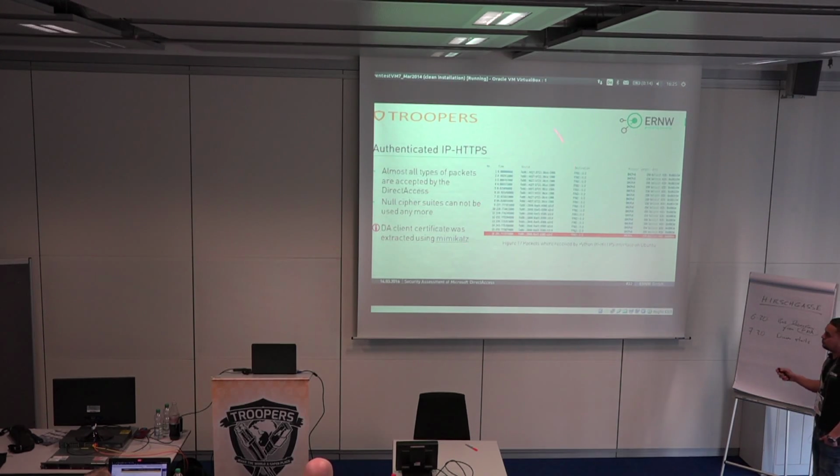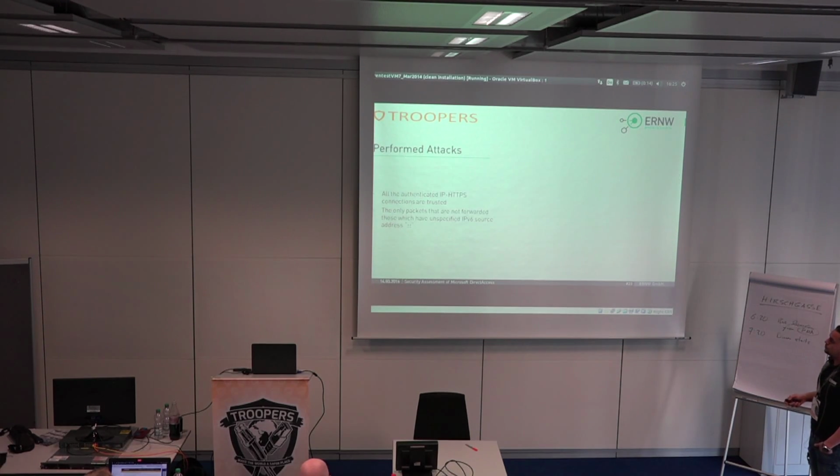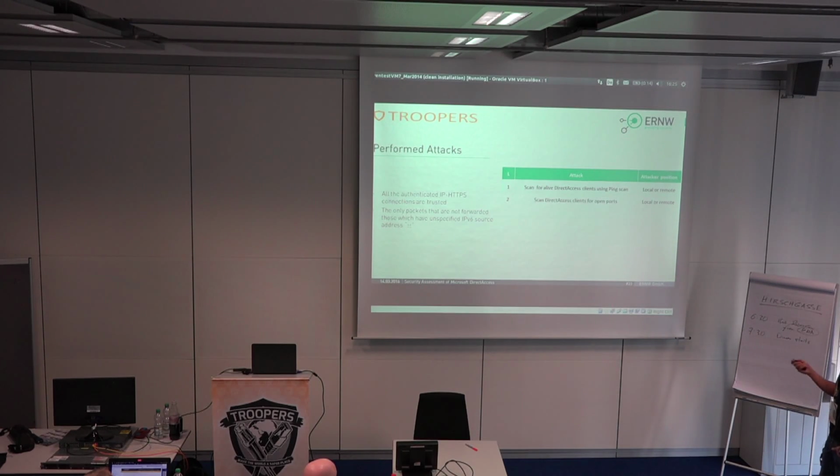The attacker can passively scan all the IP version 6 addresses of the DirectAccess server and the DirectAccess clients. So what I did, I could now scan the live DirectAccess clients using Ping scan, for example. Yes, sometimes it's too much headache for the attacker because sometimes addresses are well randomized, and then maybe he runs into the problem that he has to scan all the 2 to the power 64 minus 2, for example.